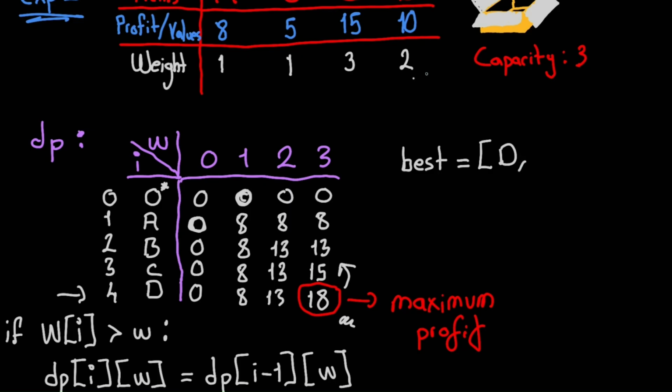As you can see, D has the weight of 2 and the current capacity is 3. So we are taking D, then we are extracting the weight of D from the current capacity, which is giving us 1. 3 minus 2, 1. So we are directly going here.